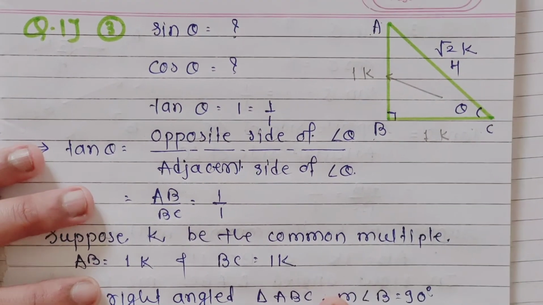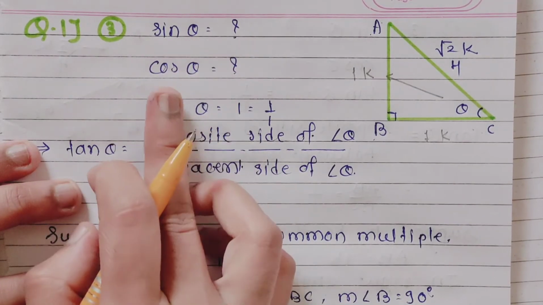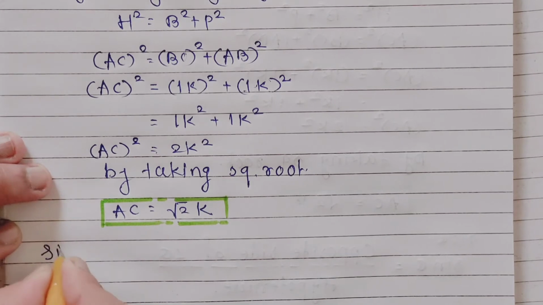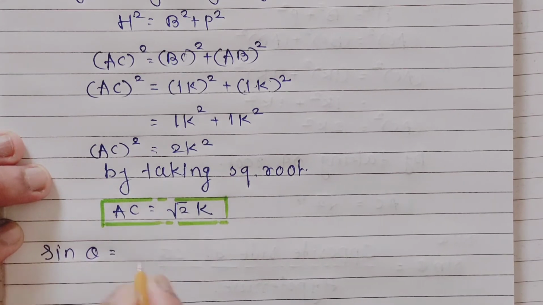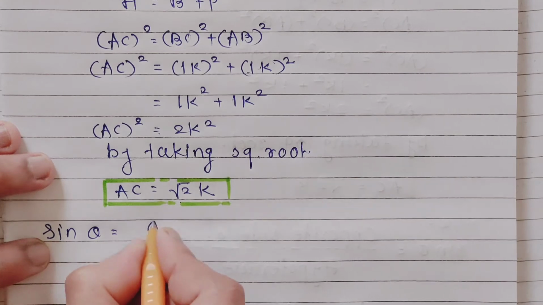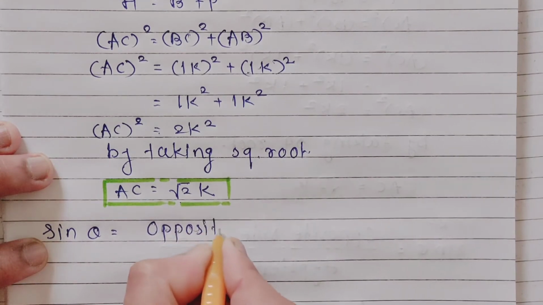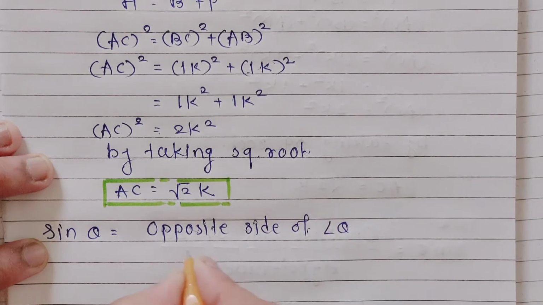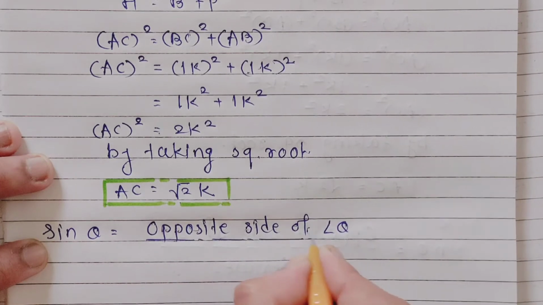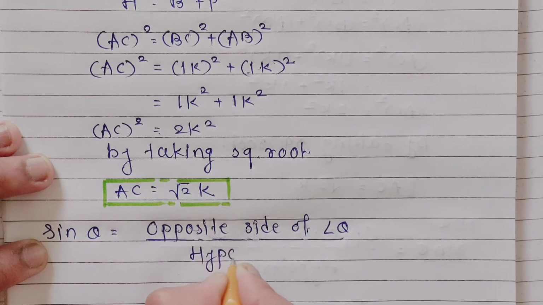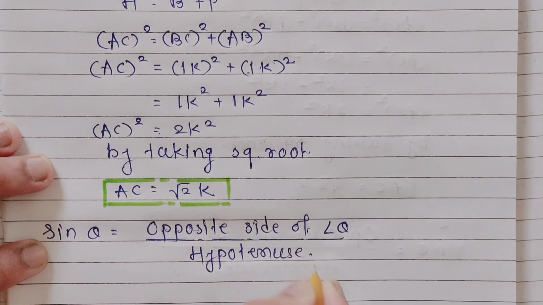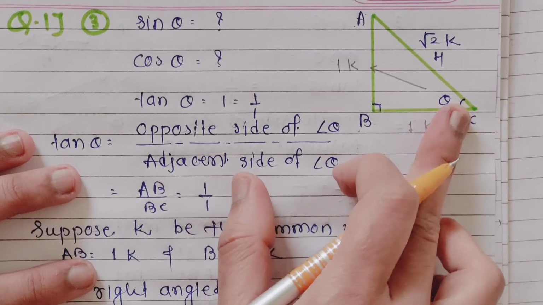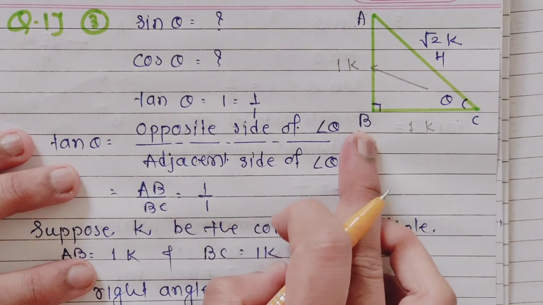Is it clear? So we have to find sin theta and cos theta. First sin theta, we know the ratio. Sin theta is equal to opposite side of angle theta upon hypotenuse. For angle theta, the opposite side is AB upon hypotenuse, that means AC.